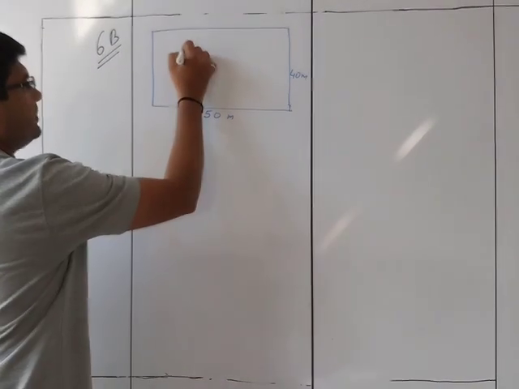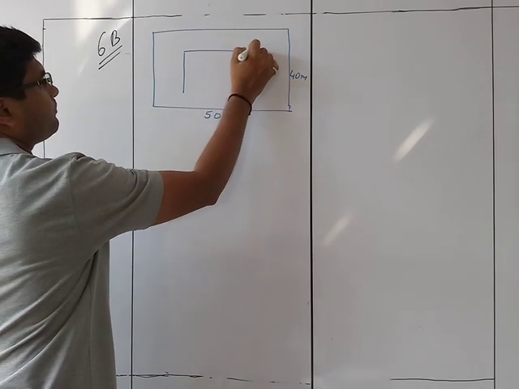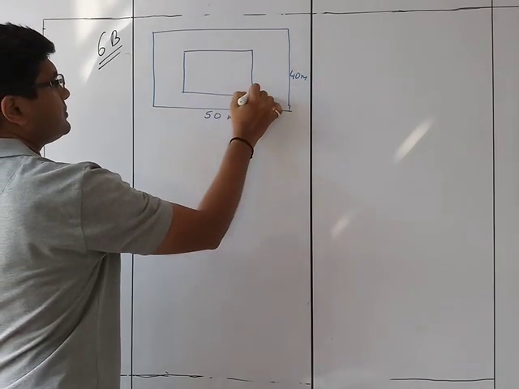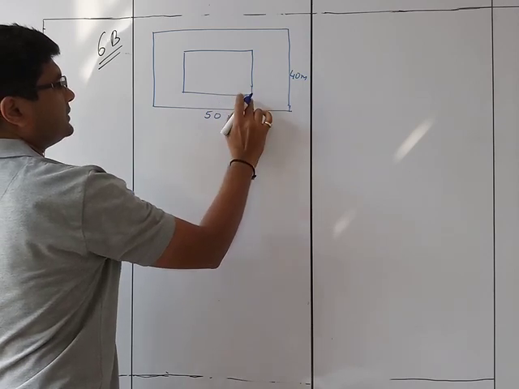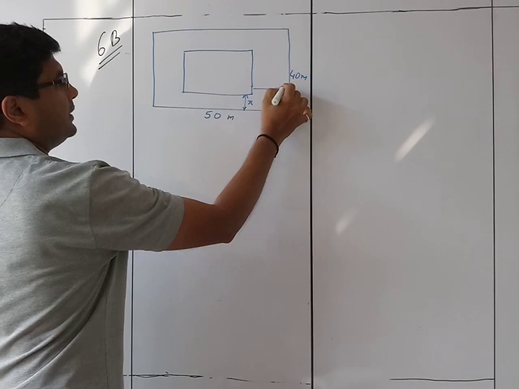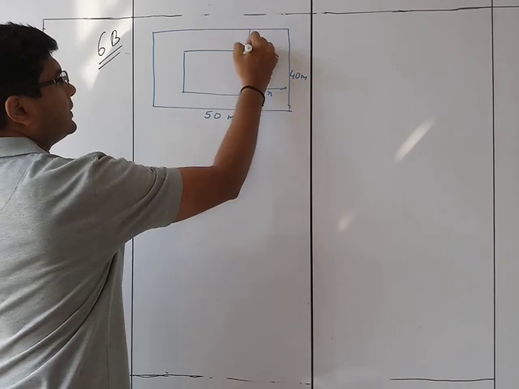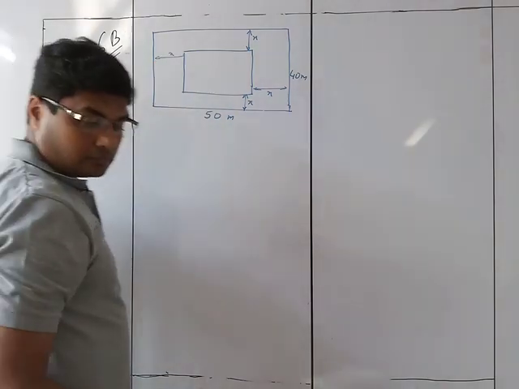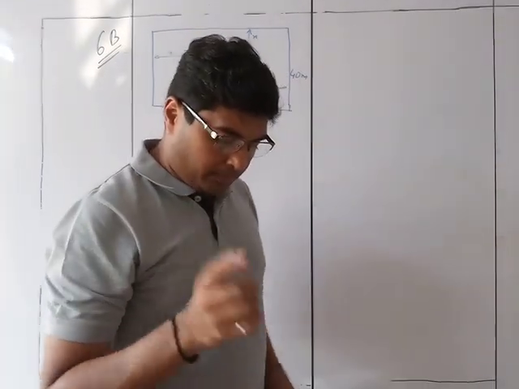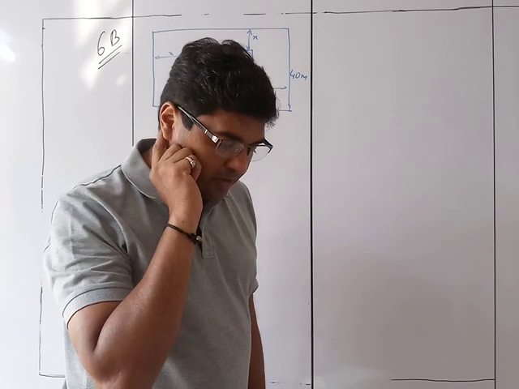So there is a flower bed which is prepared over here, leaving equal width, that is x over here, x over here, x over here, and x over here.